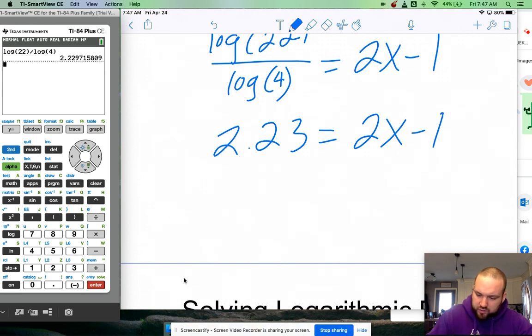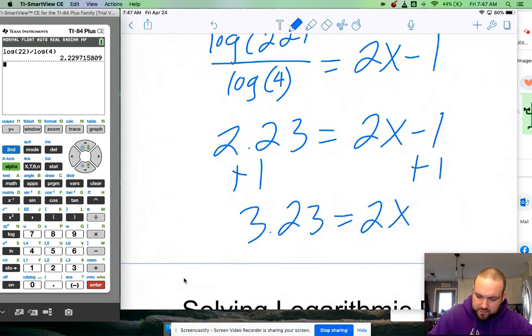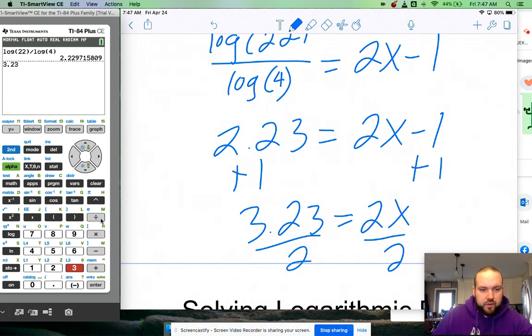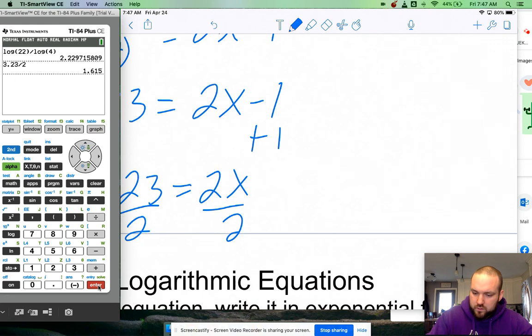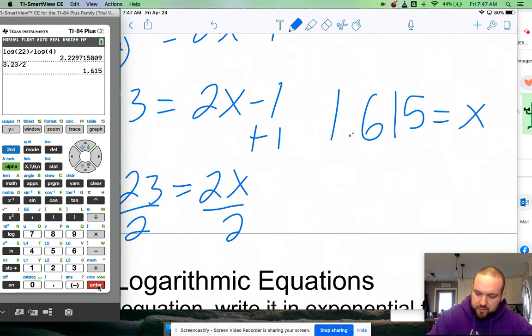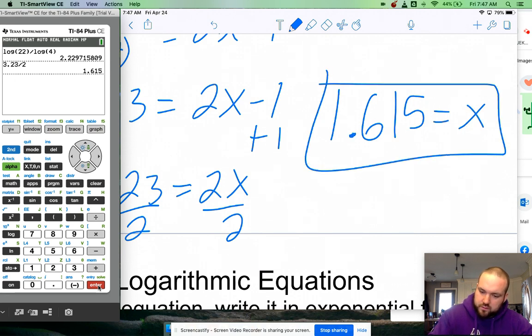Now our algebra takes over. Add 1, so 3.23 equals 2x. Divide both sides by 2. 3.23 divided by 2 is 1.615. So 1.615 equals my variable x.